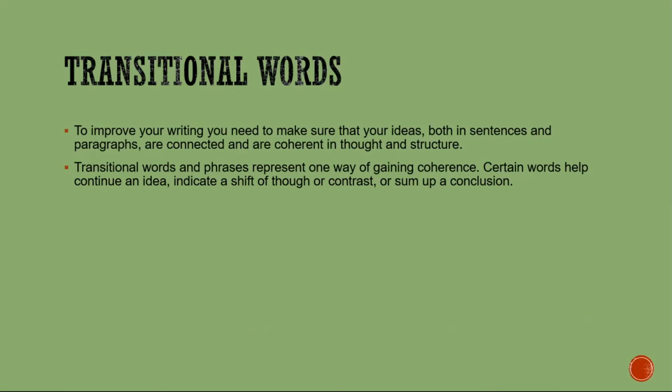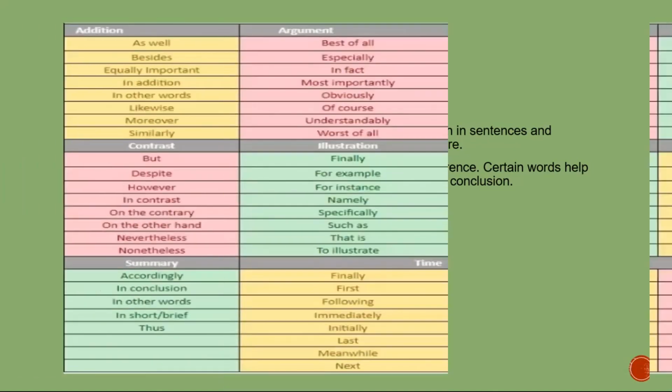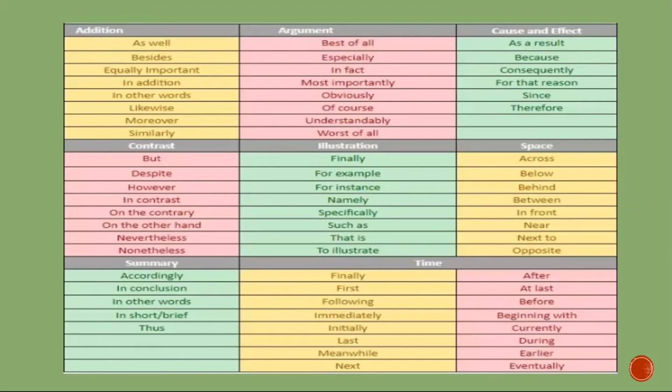Transitional words and phrases represent one way of gaining coherency. Certain words help continue an idea, indicate a shift of thought, or contrast, or sum up a conclusion. Now, this is just an example of some transitional words. There are many other transitional words that can be used.